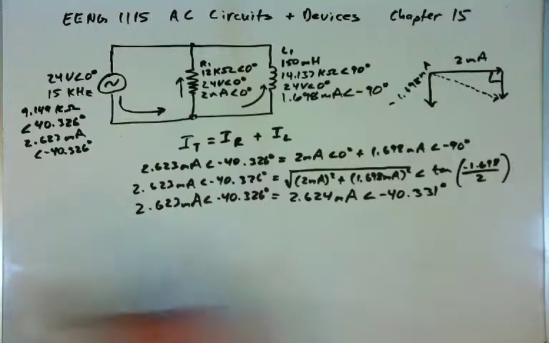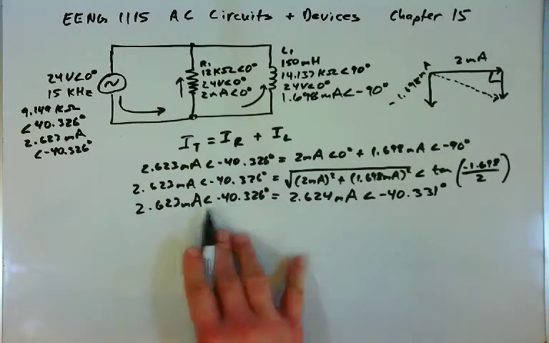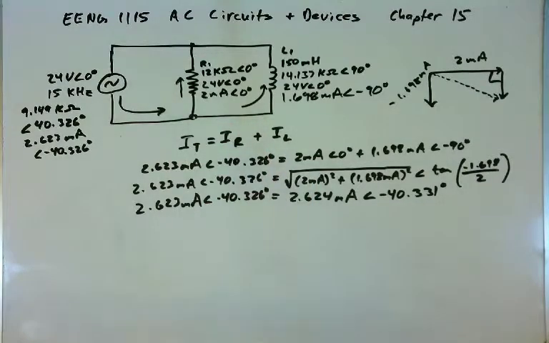And so you can see a little bit of rounding error but for the most part we're pretty confident that we have the right answers. So we think we have the correct current for the resistor and the inductor, and the correct total current for this circuit.